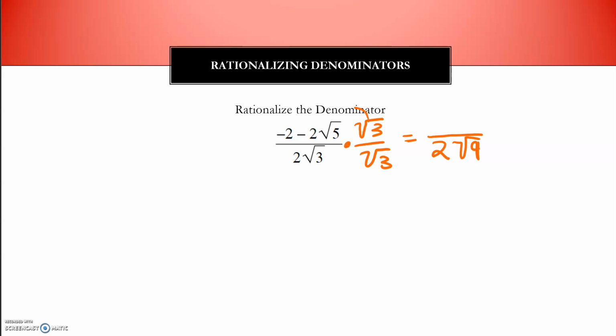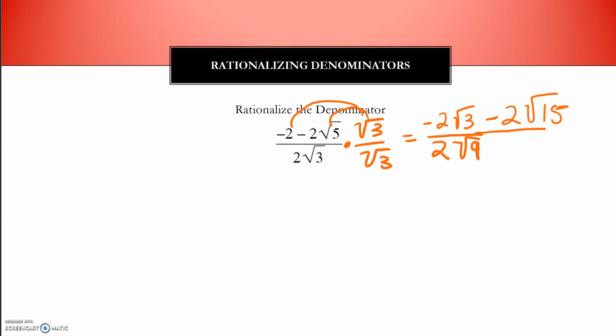In the numerator, we have to use the distributive property. So root 3 times negative 2 becomes negative 2 square root of 3 minus 2, and then we'll do 3 times 5 is 15.